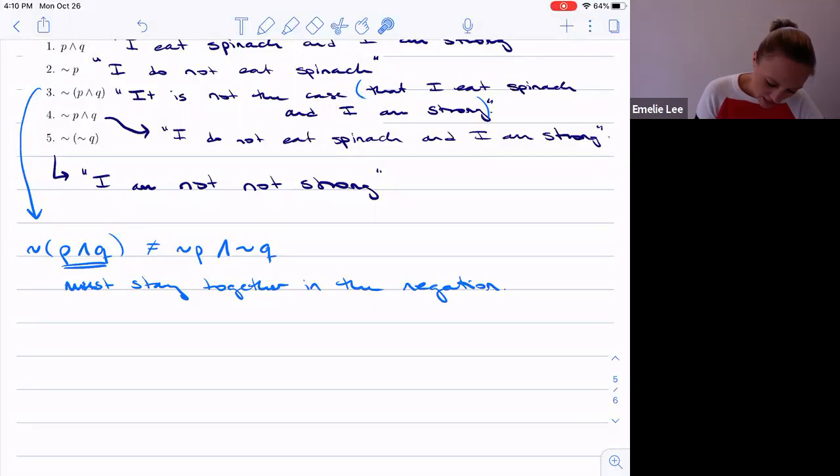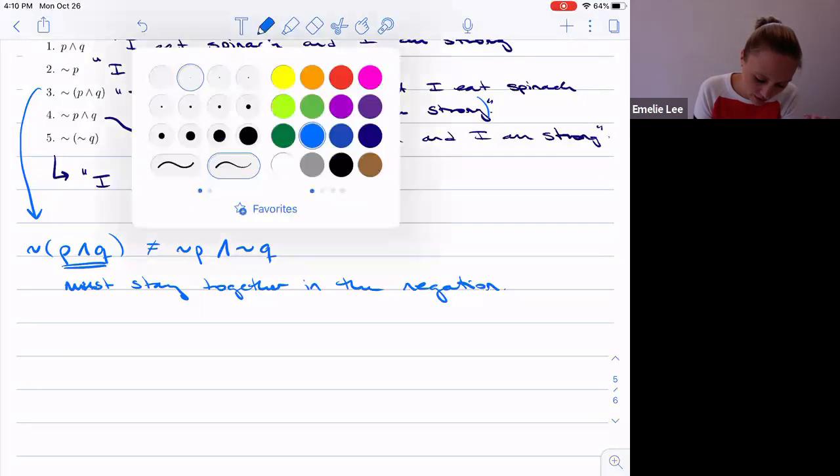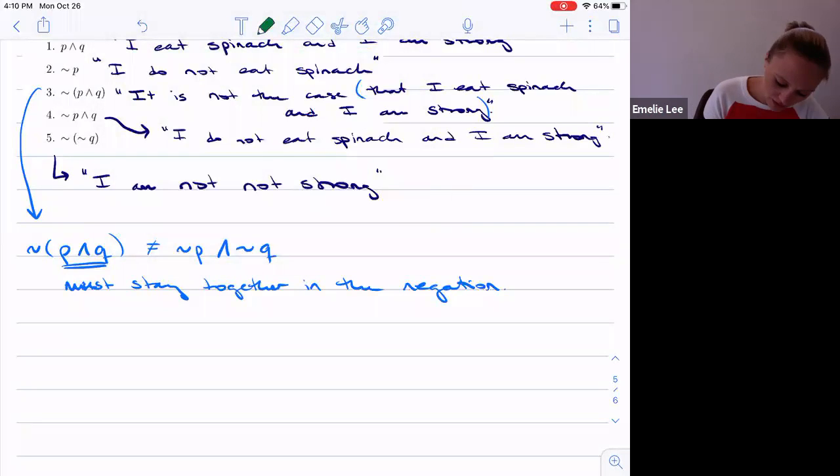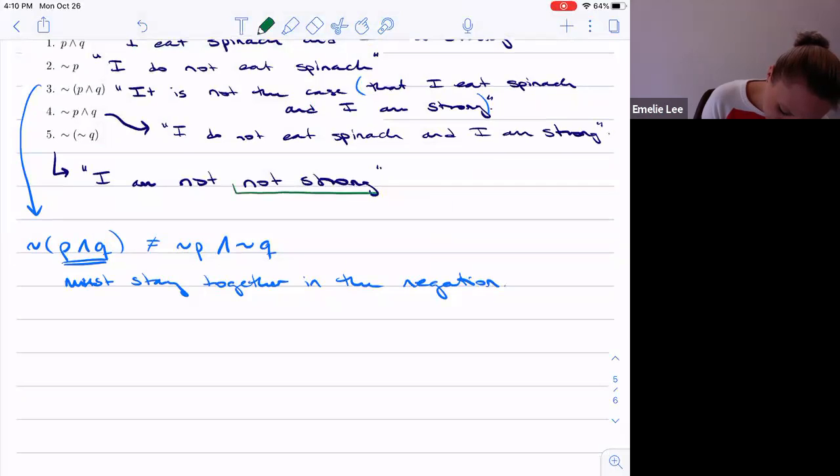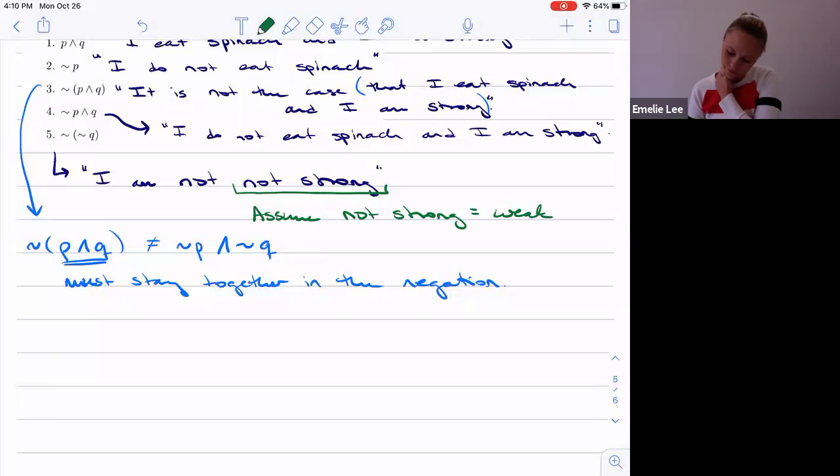Oh, let's finish this last one. So I'm not strong. Like I said, sometimes we have words that we could replace and make this look a little bit nicer, only if you're really sure of the meaning you're replacing it with. For example, not strong, we can assume that not strong is the same as weak.